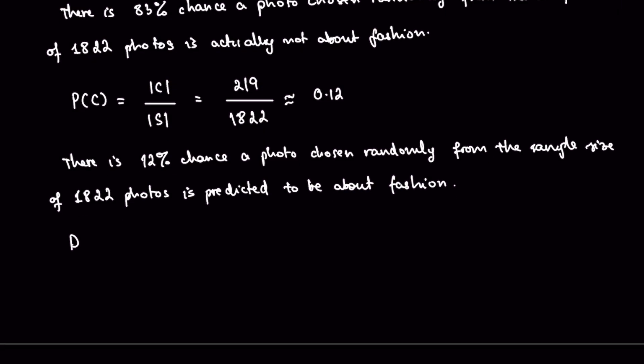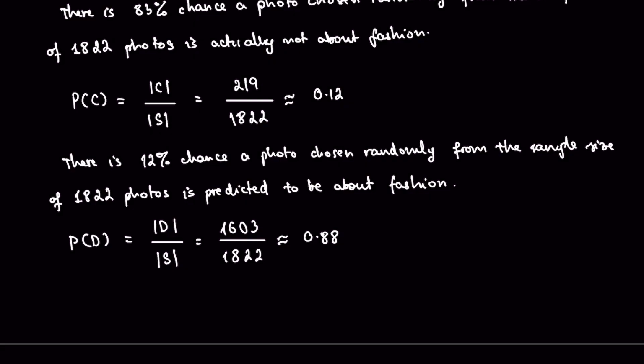So the probability of D is equal to the cardinality of D divided by the cardinality of S. The cardinality of D is 1603, divided by 1822, and this is approximately equal to 0.88.